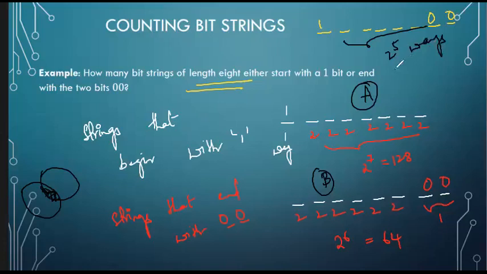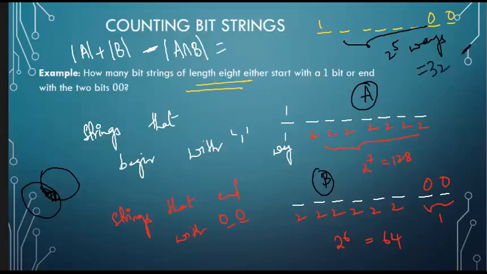So the solution for this will be the cardinality of A, the number of strings in set A, plus the cardinality of B, the number of strings in set B, minus whichever are being included twice. The ones starting with 1 and ending with 2 zeros are being included twice, so we have to remove that, which is A intersection B. This is 2 power 5, equivalent to 32 ways.